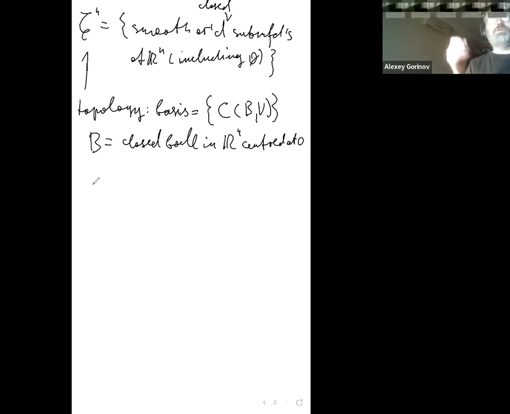We specify a basis for the topology, and then we basically take the topology generated by this basis.